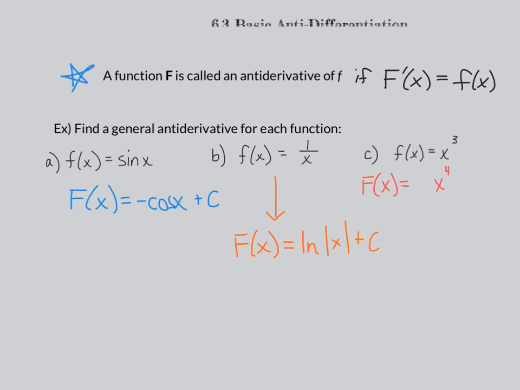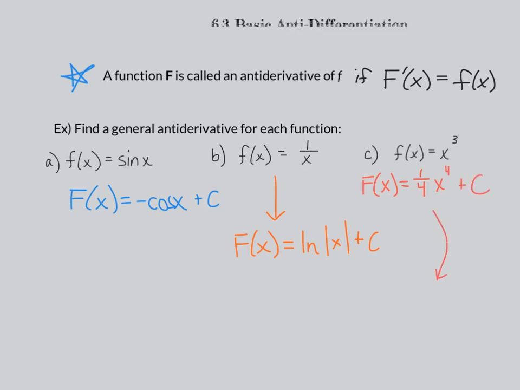Because we know that with the power rule, when we take the derivative of x to the 4th, we'll get 4x cubed. Well, I don't want that 4 to end up there. I don't have a 4 out front here when I take the derivative. So how do I get rid of a 4? I multiply by 1/4. And then, of course, my plus c.